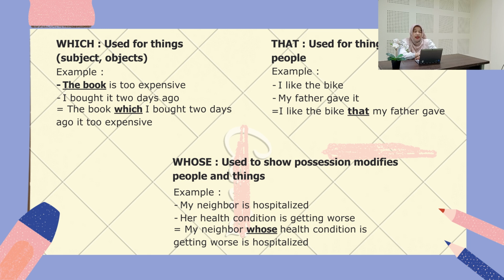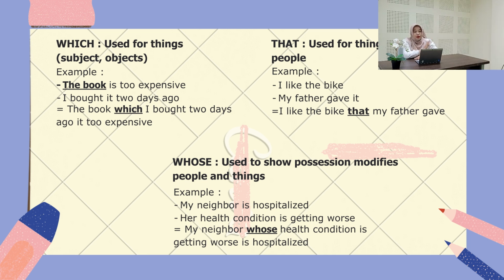Example, I like the bike. The second clause is my father gave it. If we combine them into one clause, it will be I like the bike that my father gave. So which shows the adjective clause or relative clause? Yeah, you were right. That my father gave is the adjective clause or relative clause.